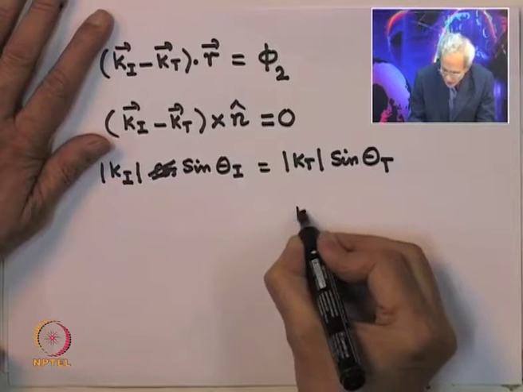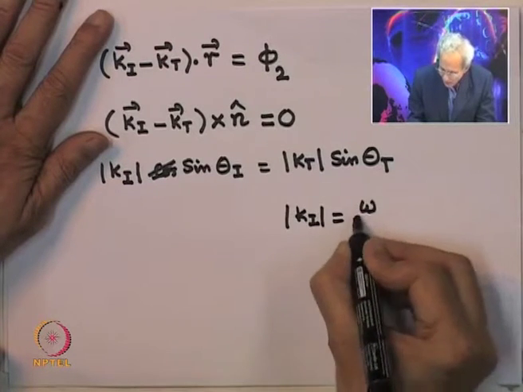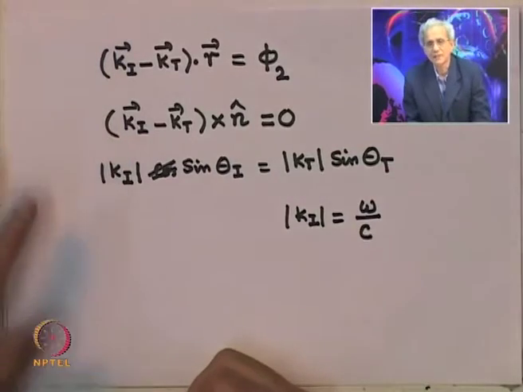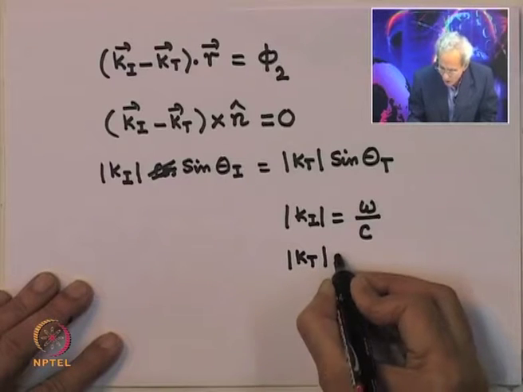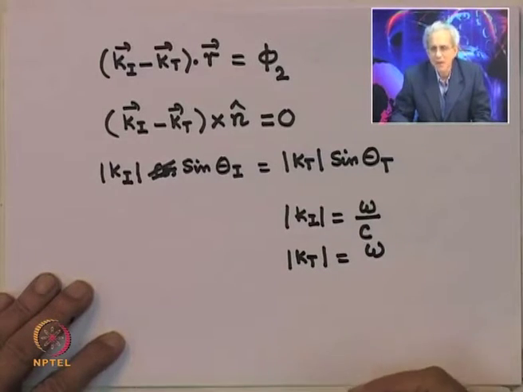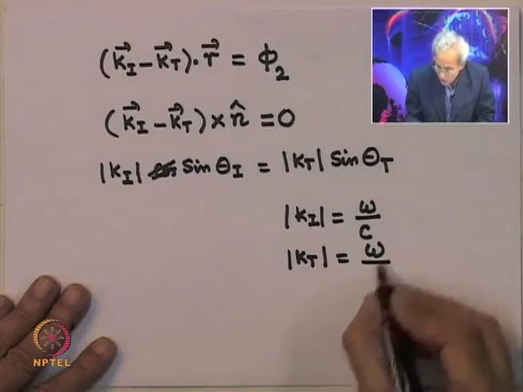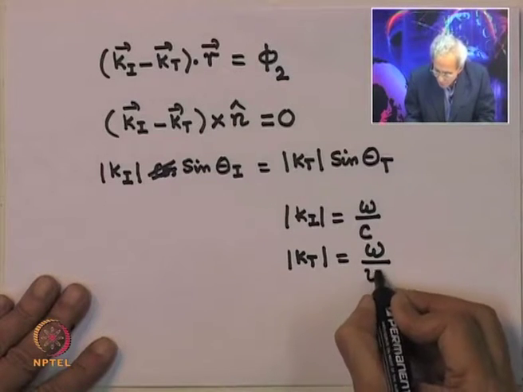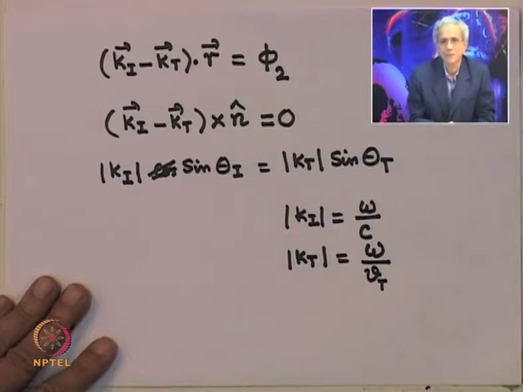So let us write k_i as omega divided by the velocity of light in medium 1, and the magnitude of k_t will be omega. Remember that when a wave is incident at an interface, the frequency does not change. So this is omega divided by the velocity in medium t.